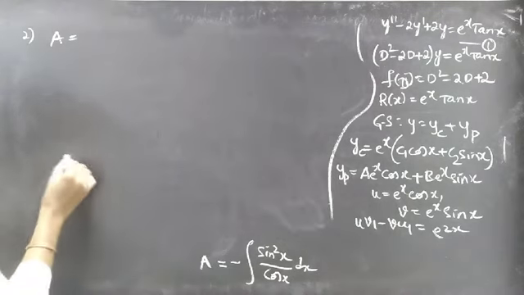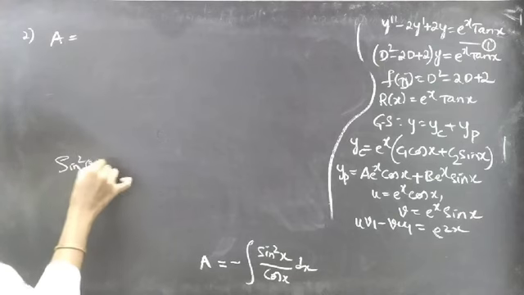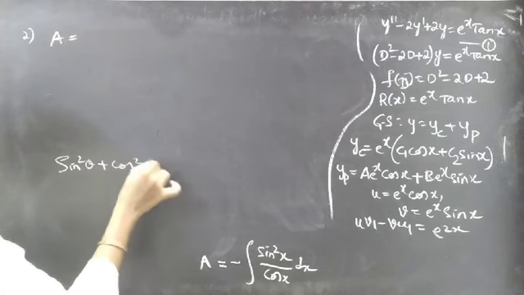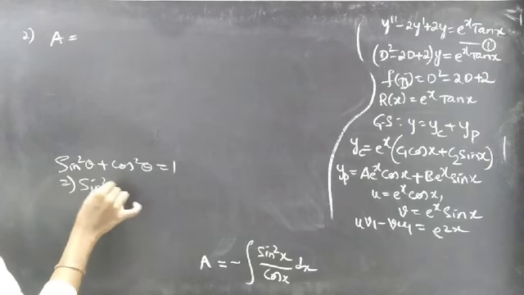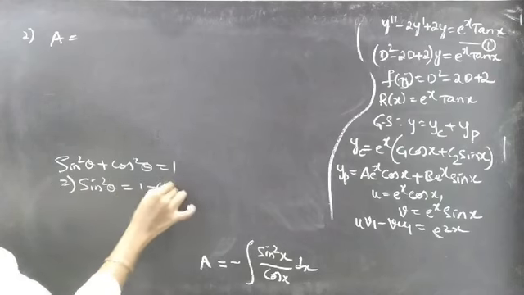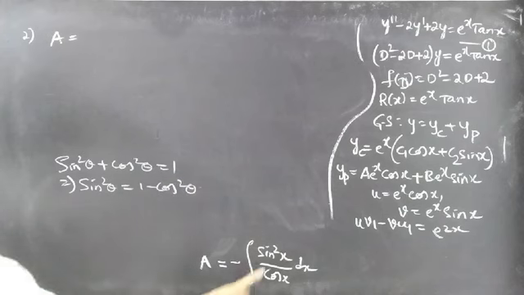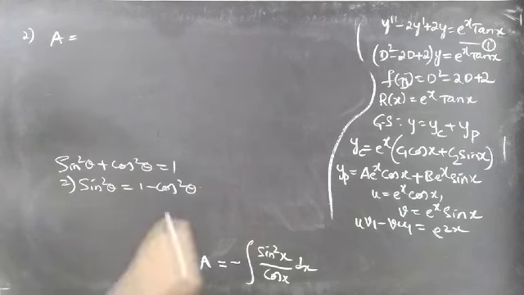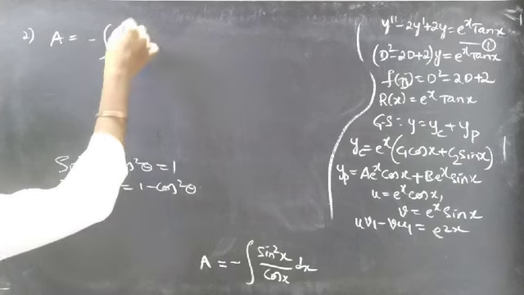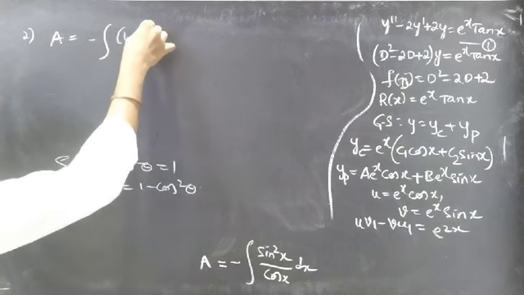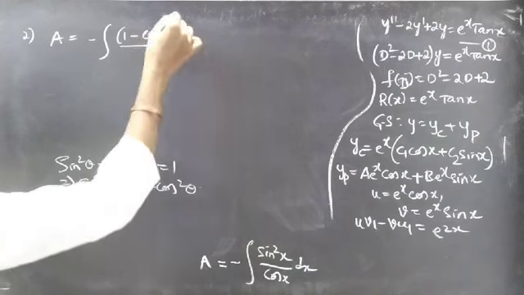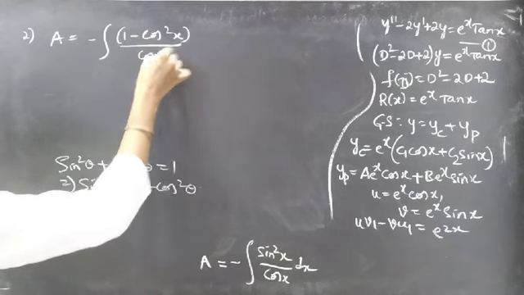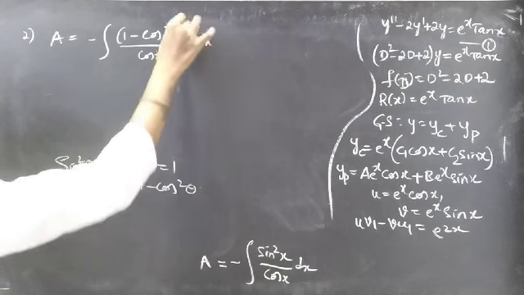Since we know that sin square theta plus cos square theta equal to 1, then sin square theta equal to 1 minus cos square theta. So let's replace sin square x with 1 minus cos square x. We'll get a equal to minus integral of 1 minus cos square x by cos x into dx.